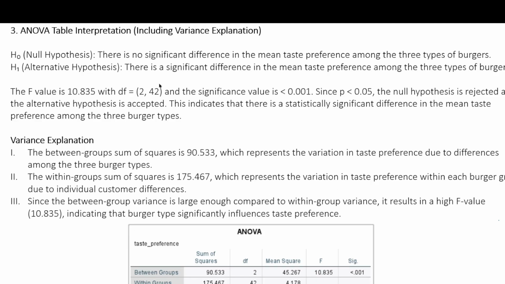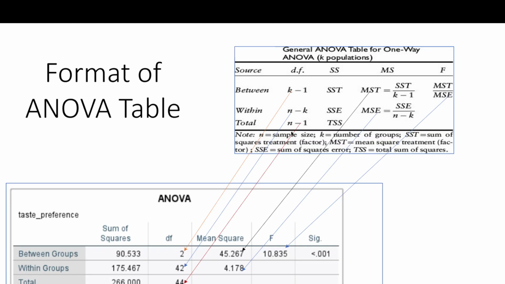So this is the result of the ANOVA test, and this ANOVA table is based on this particular framework in which the source of variance is between the sample and within the sample. The degrees of freedom is k minus 1, where k is the number of groups, so total three groups, that is why k minus 1 is 2, whereas n indicates total sample size. In our case the total sample size was 45, so 45 minus 3 is 42, and n minus 1 is 44.